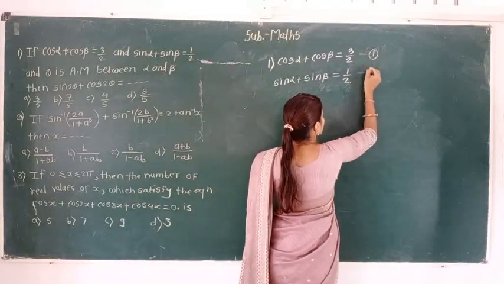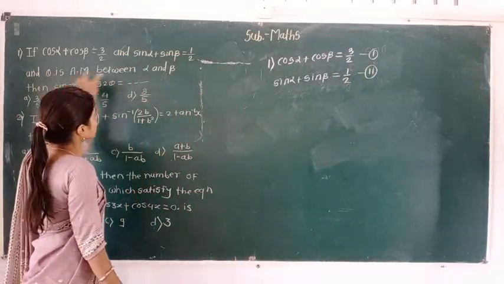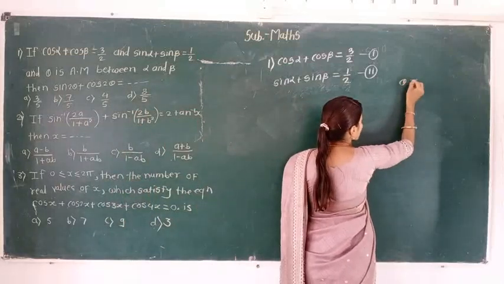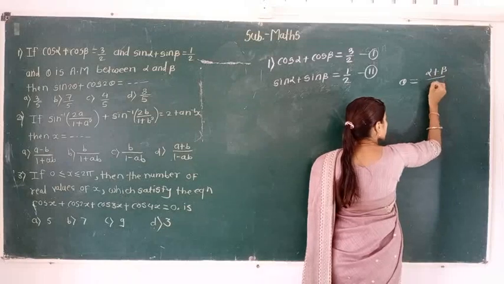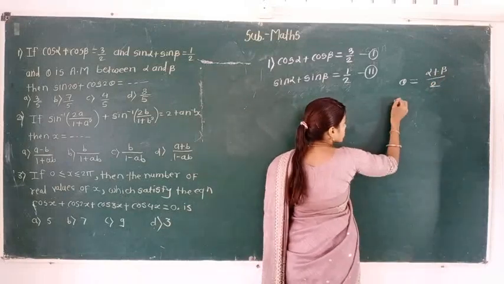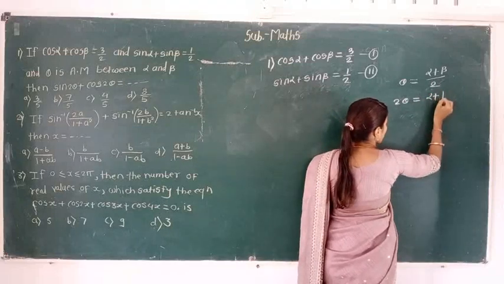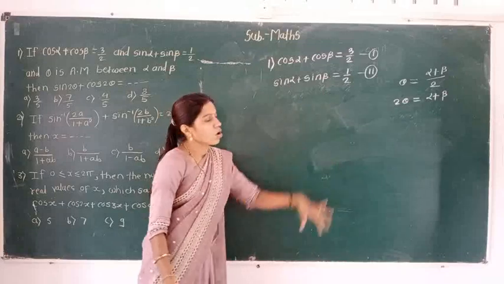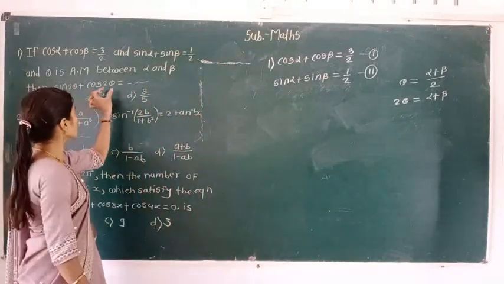Also given, theta is the arithmetic mean of alpha and beta, that is theta equals alpha plus beta divided by 2, so 2 theta is equal to alpha plus beta. First of all, using all this information we have to find the angle theta.